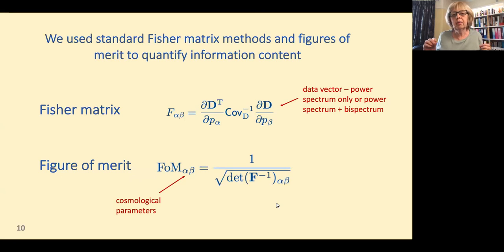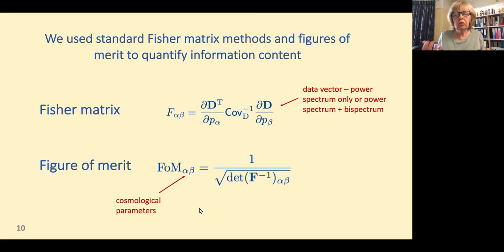We then had a philosophy of basically using standard, tried and trusted methods. So we used Fisher matrix forecasting, where our data vector is either the power spectrum alone or the power spectrum and the bispectrum. And from that Fisher matrix, we define a figure of merit, again, fairly standard.